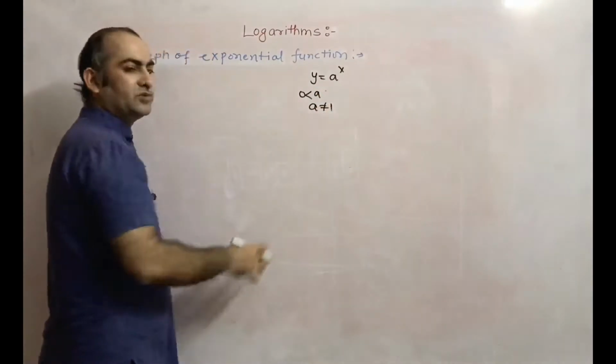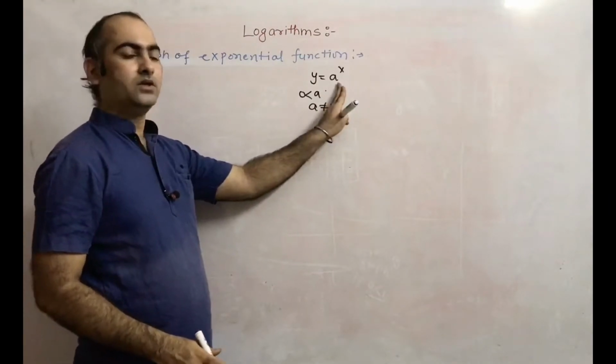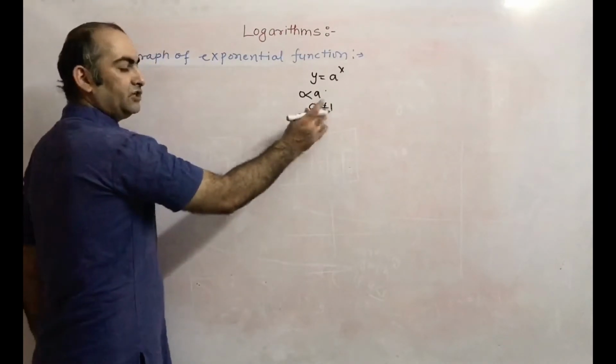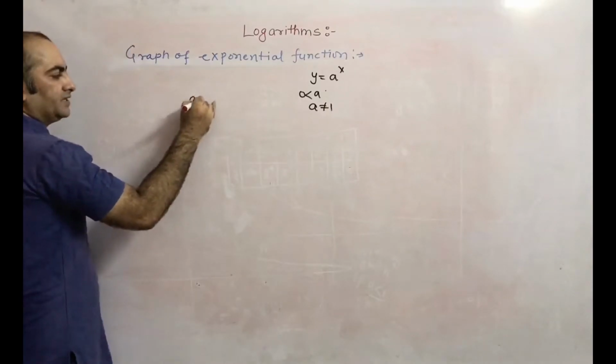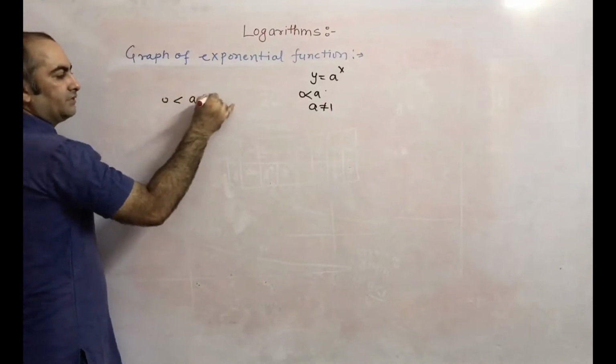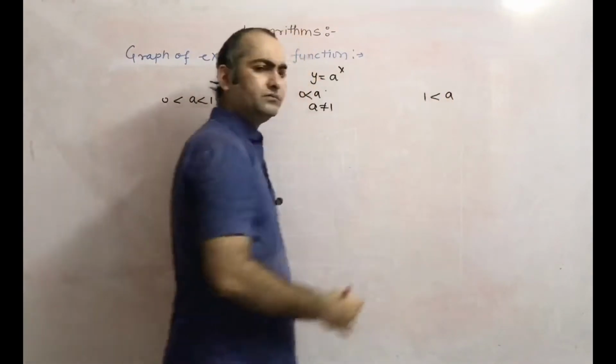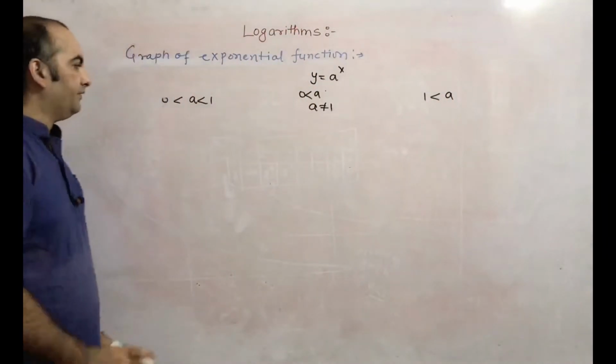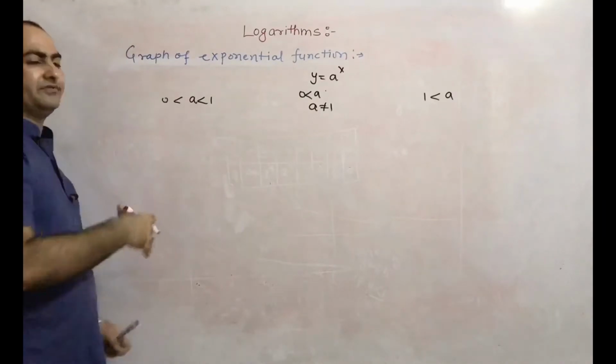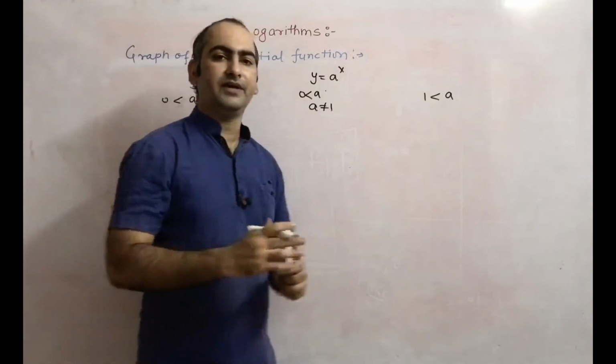The graph depends on a, so we can categorize a in two categories. One is if a is greater than 0 and less than 1, and the second is if a is greater than 1. We'll get a different graph for each.